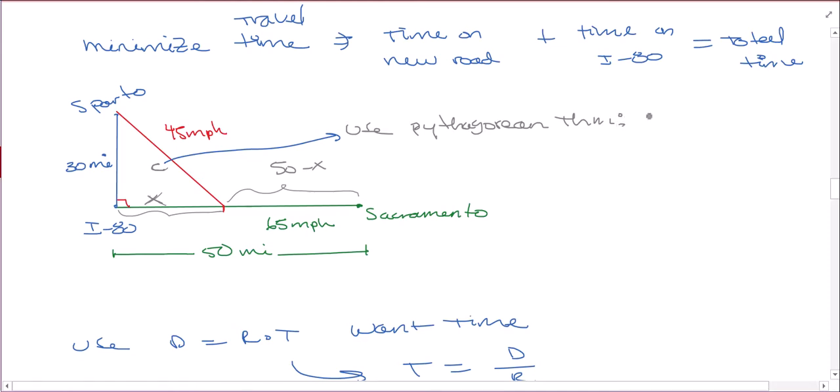I'm going to have a squared plus b squared equals c squared, so x squared plus 30 squared equals c squared. So c is the square root of x squared plus 900. And so that is our c. Notice that now this is in terms of x.